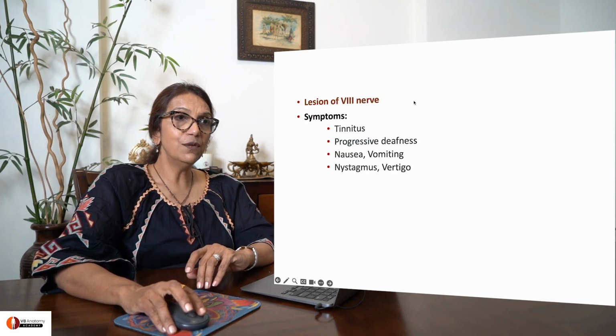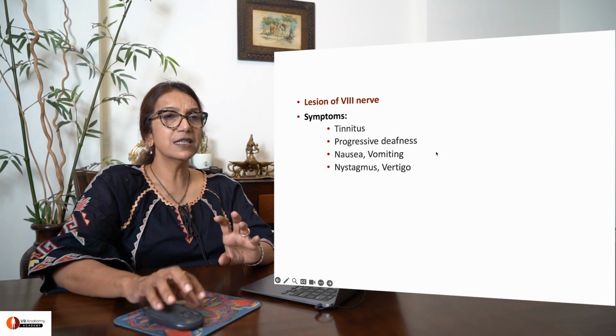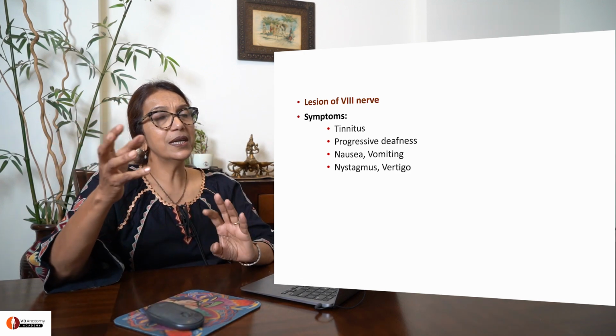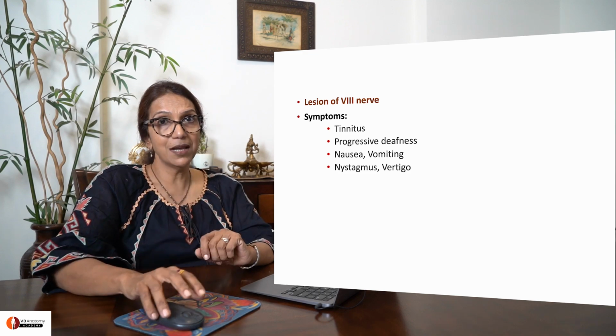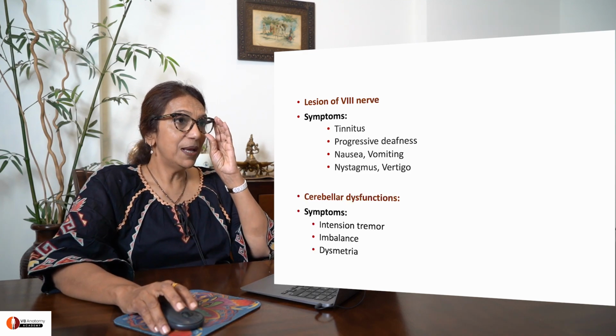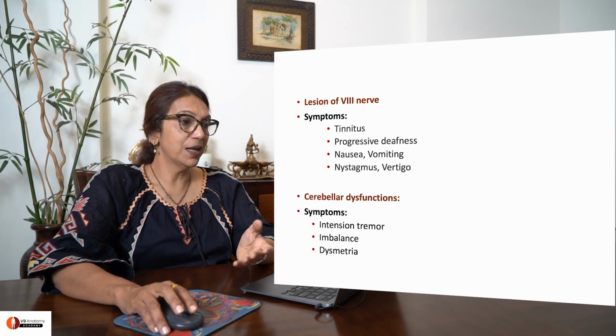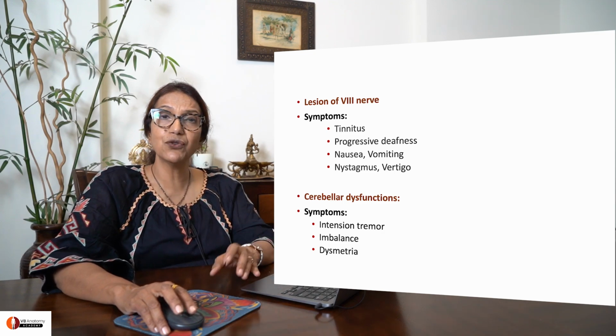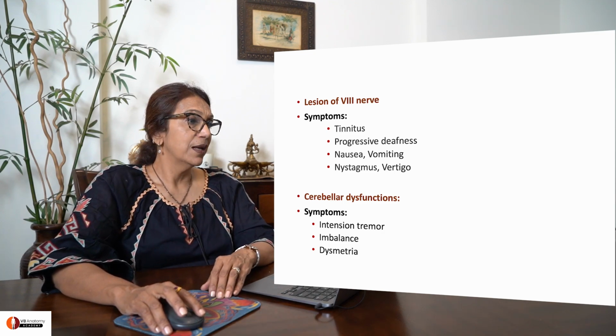If it's an 8th nerve lesion, patient will have tinnitus, progressive deafness, cochlear nuclei affected, nausea, vomiting, nystagmus, vestibular nuclei affected. Cerebellar dysfunctions, such as intention tremor, imbalance, ataxia, dysmetria, and so on.